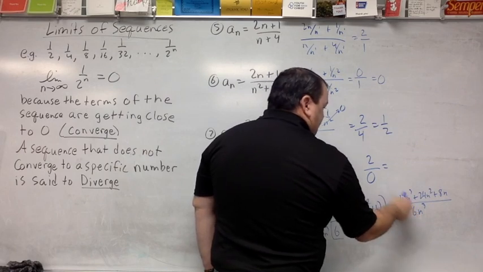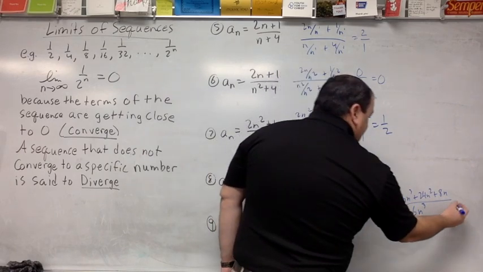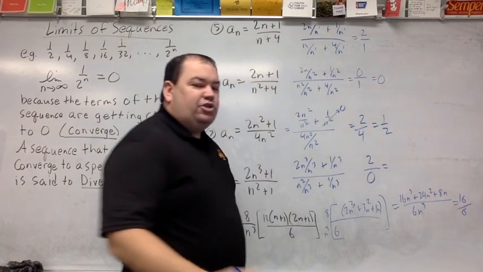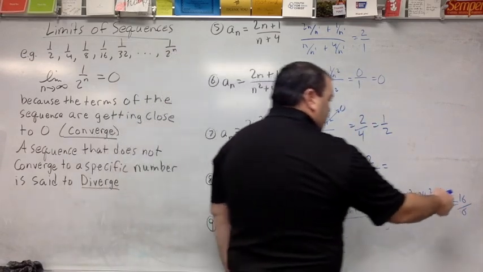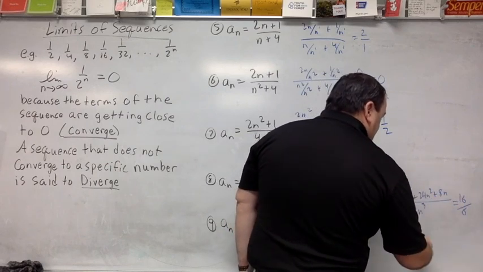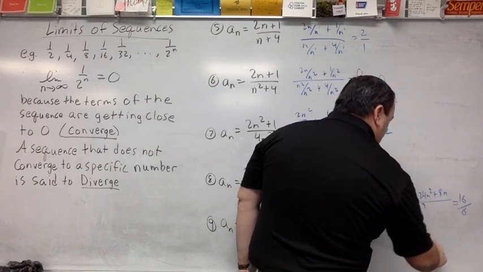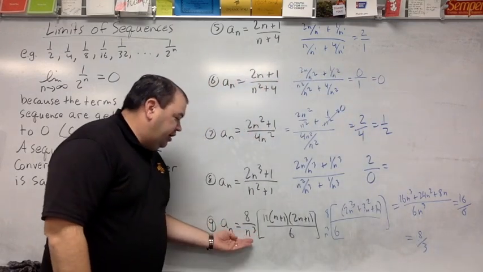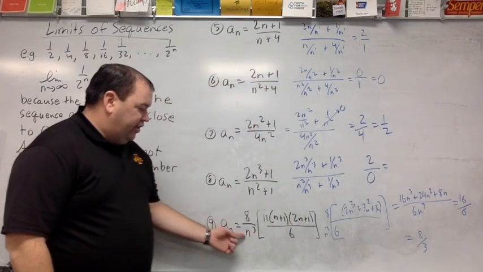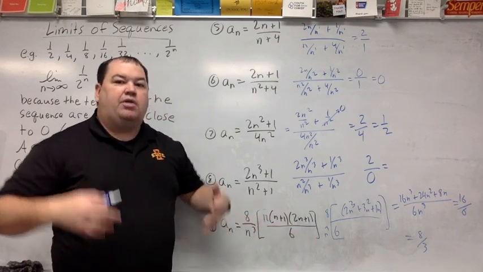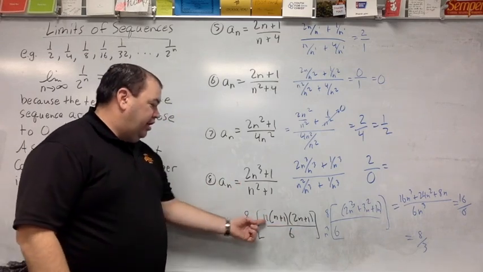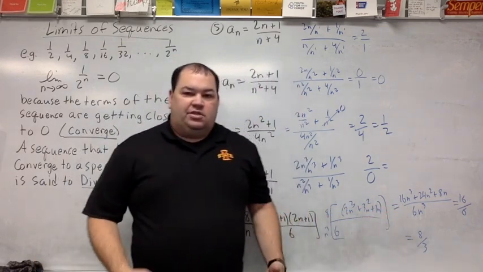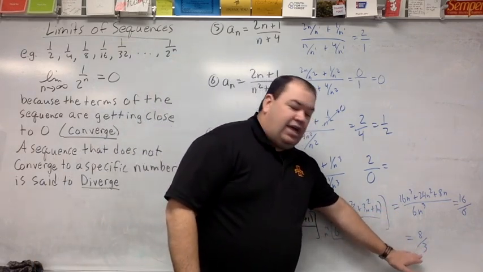When I divide them by n cubed, I get a 16 and I get a 6. I should probably reduce that. They both are divisible by 2, so I get an answer of 8/3. So this particular sequence, if I start plugging in bigger and bigger numbers for n, here's the simplified version, is going to get closer and closer to 8/3.